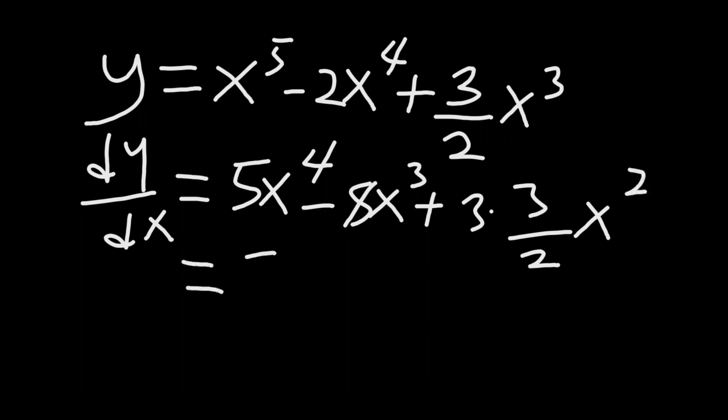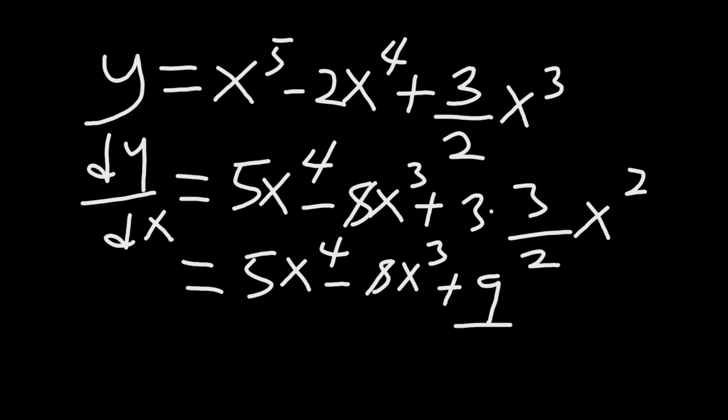Finally, I'll be having 5s to the 4th power minus 8s to the 3rd power plus, so 3 times 3, I'll be having 9/2 s to the 2nd power. So this is the answer for this example.